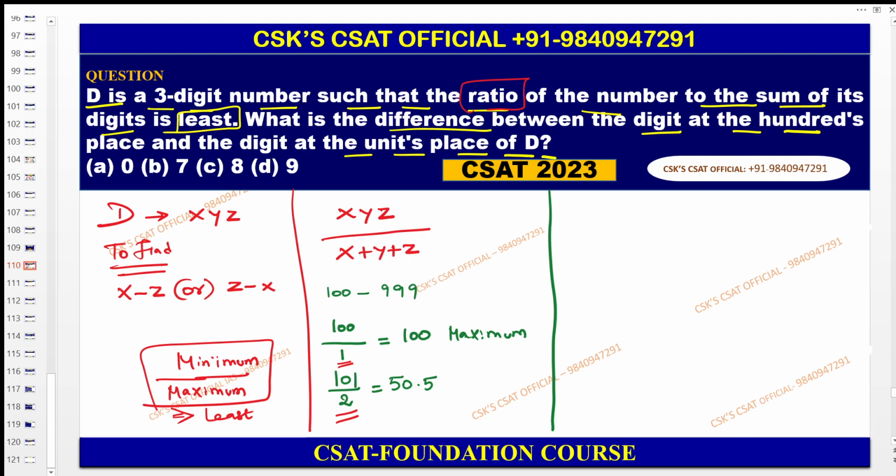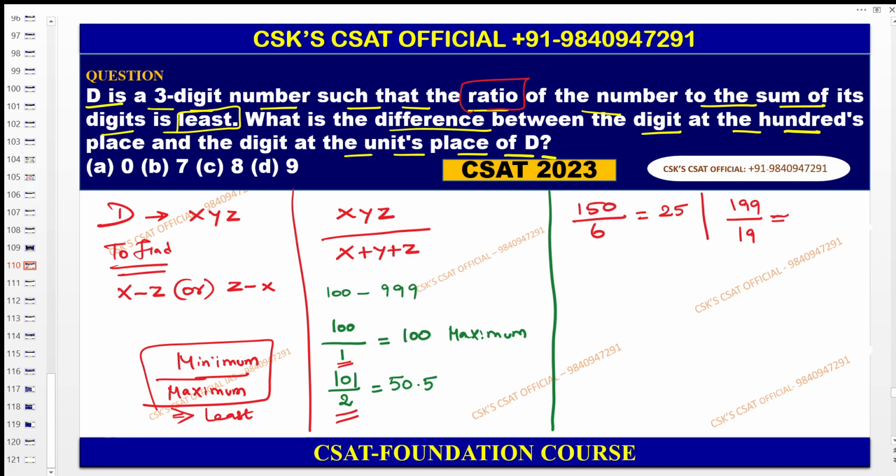So now let us take some values here. Just now we have seen 100. You can take 150. If you see 150, then the resultant X plus Y plus Z is equal to 6 here. So therefore 25. Now if you take 199, the last one with respect to the one series of 3 digit, the sum here, if you add up this thing, you'll get 19.